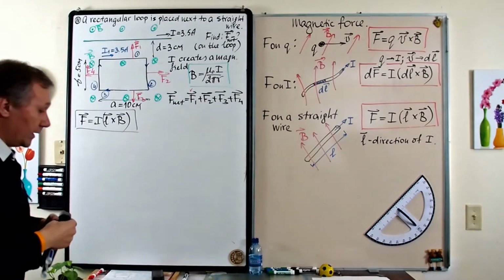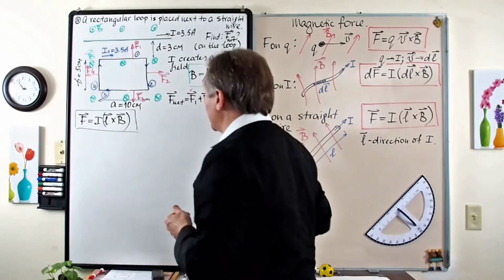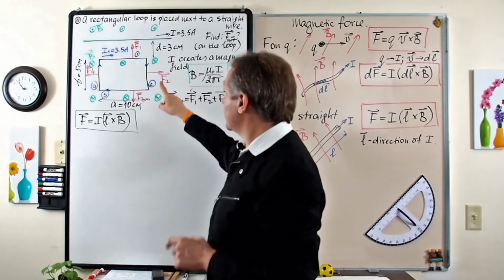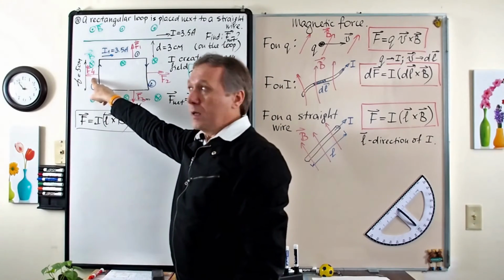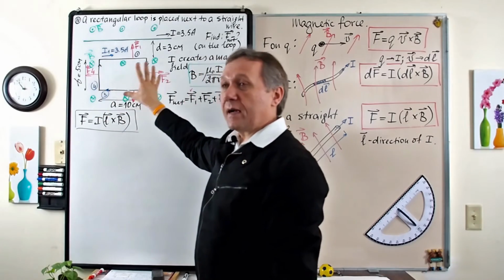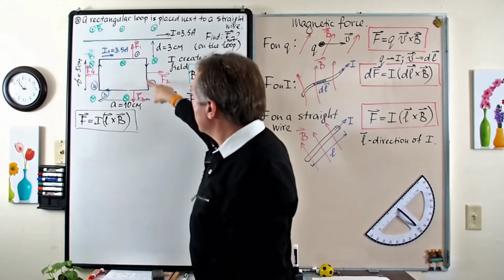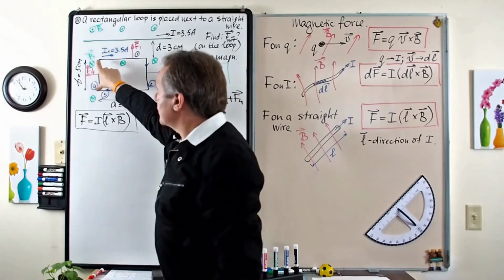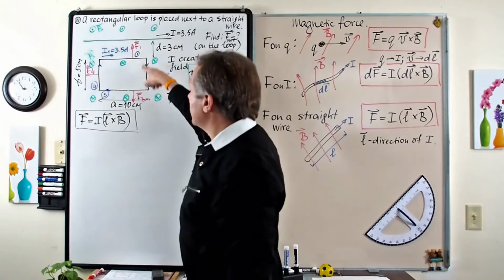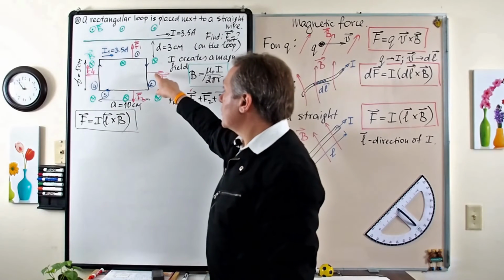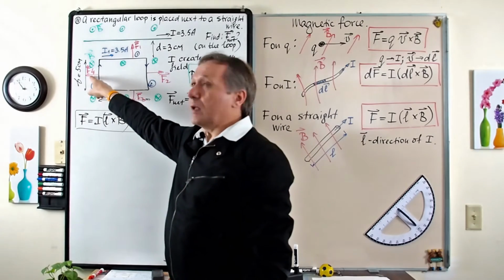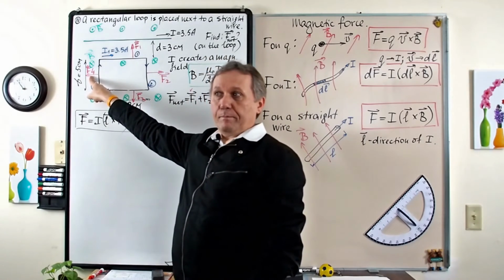And look, what can you say about these two forces, F2 and F4? They are exactly the same, because this piece of loop and that piece of loop are at the same distance from the source of the magnetic field. So the absolute value of this force and the absolute value of that force are exactly the same.